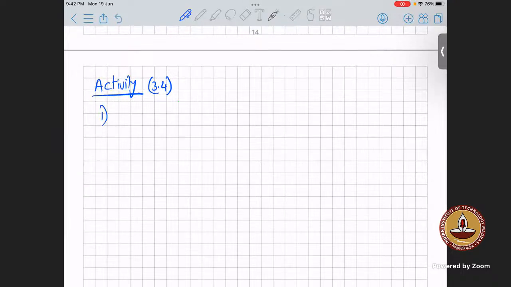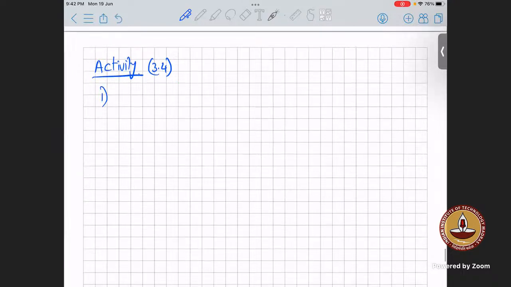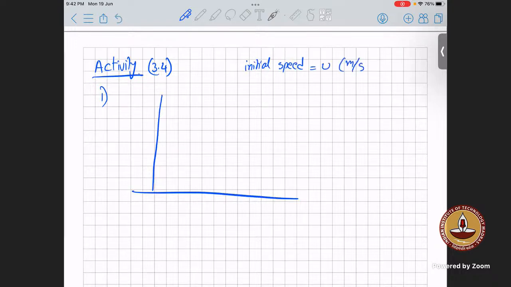Look, they gave that a stone is thrown with an initial speed u in meters per second. The height of the stone trajectory, h of t equal to minus 5t square plus 1 by 2 ut, where t is the time of flight.